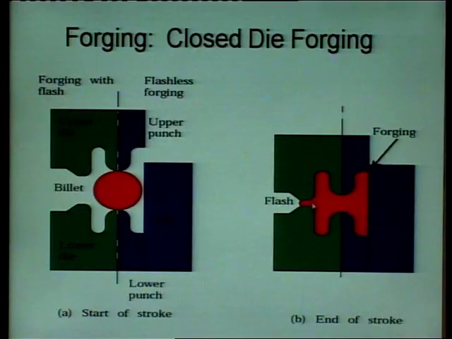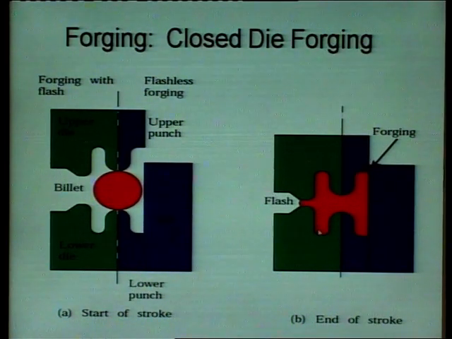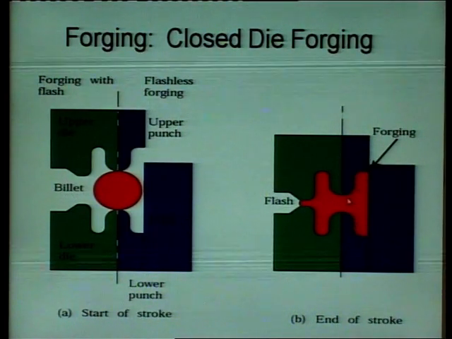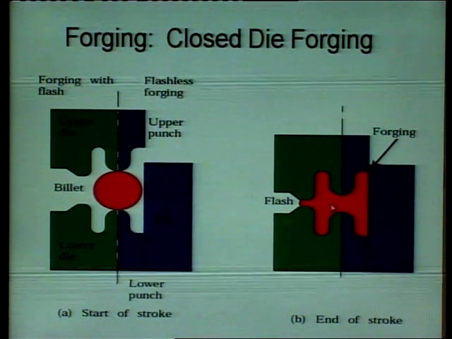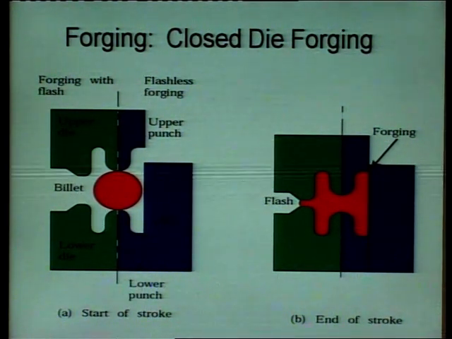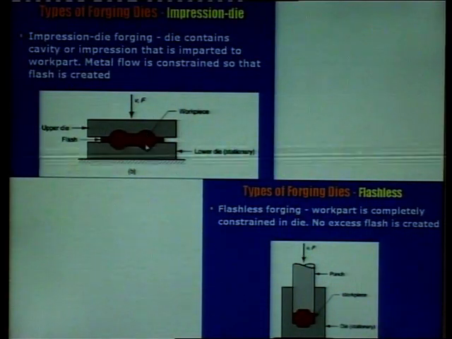This part may not be required because we wanted the die to close, but this is extra material, which we will have to remove. This is called flash. I wanted only up to this straight line here. So this is closed die forging, where we are able to control the shape of the component we are likely to get. Similarly, this is also a closed die.